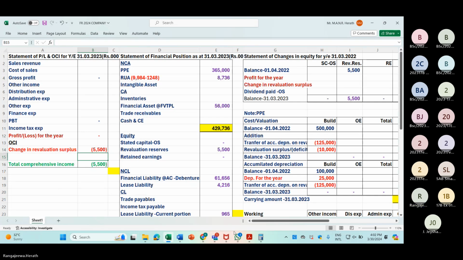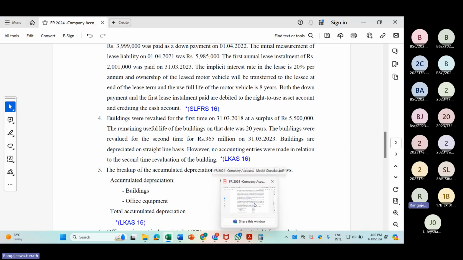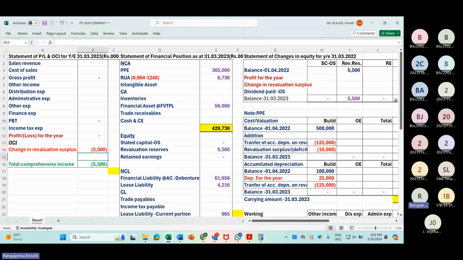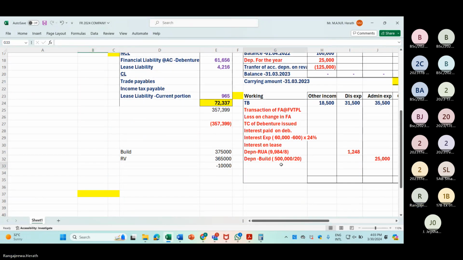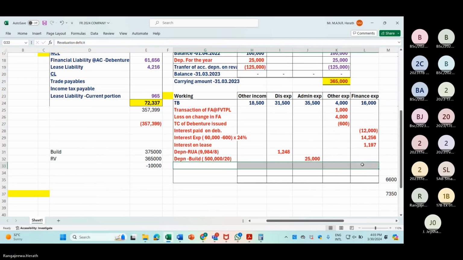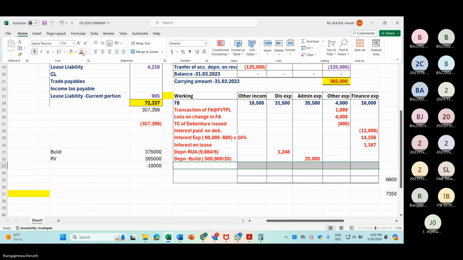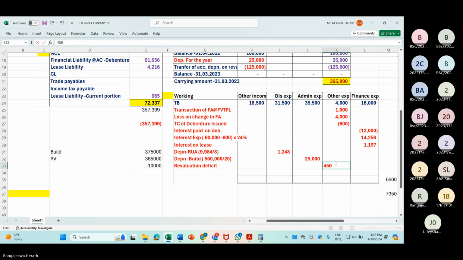Right? So then the balance 4,500 you can charge to revaluation deficit in other expenses. The balance out of 10,000, 5,500 debit to OCI and 4,500 charge to P&L, revaluation deficit.